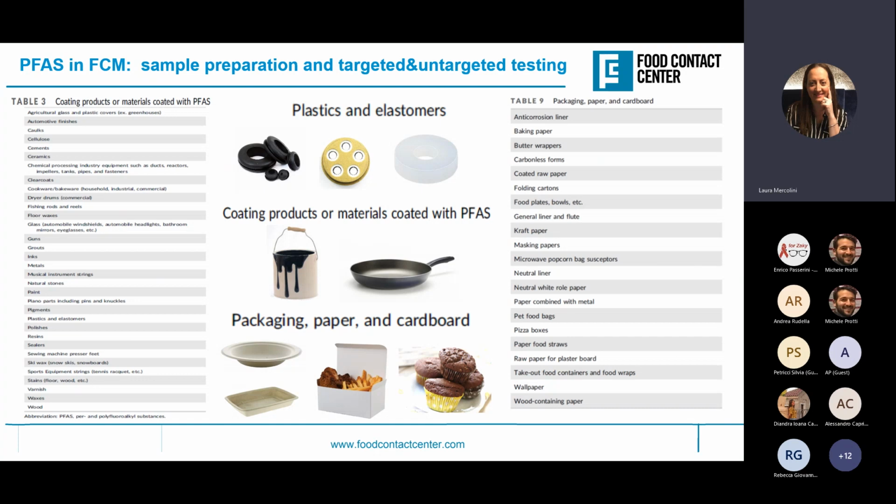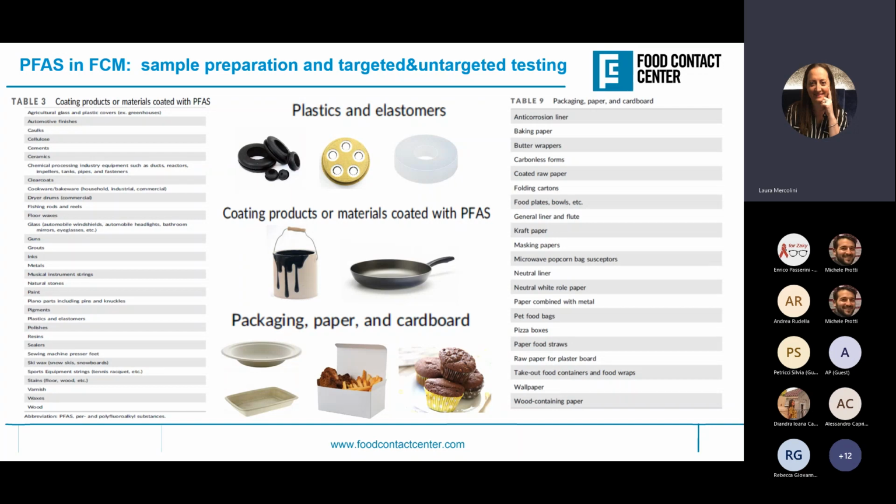So I tried to clarify that usually we have three kinds of food contact items. We have to test parts of machinery, like elastomers, like some parts that are used in food machines. For example, we can see here some components that are used to produce pasta.